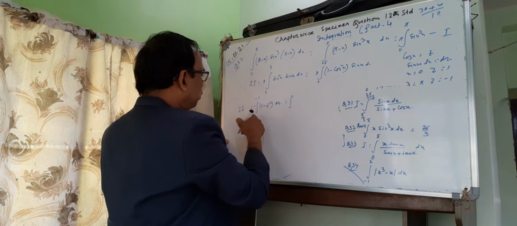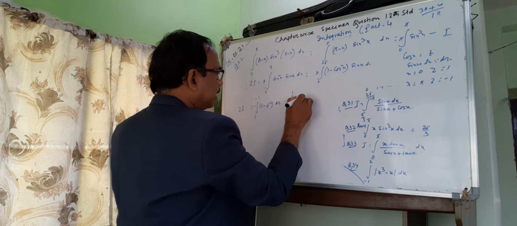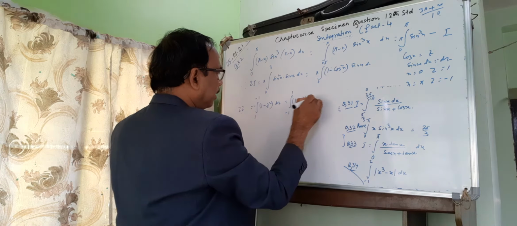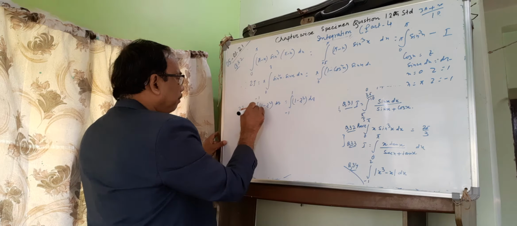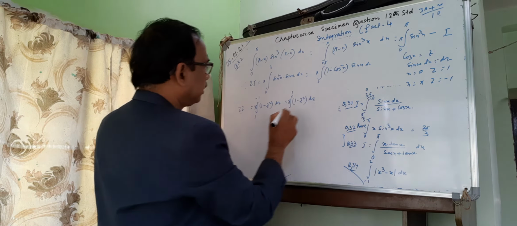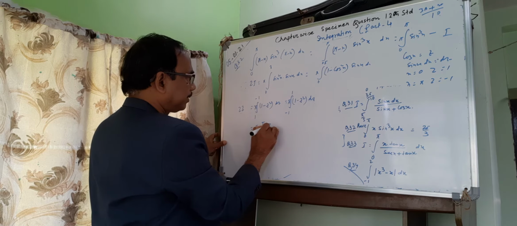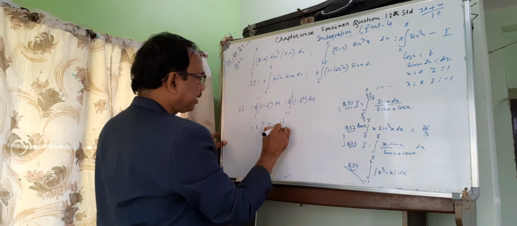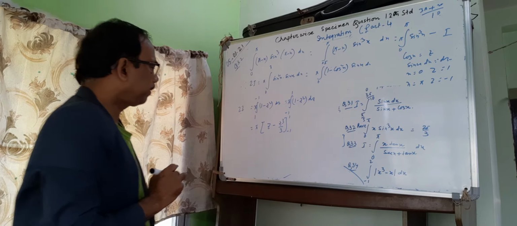That we can write, remove the minus sign, this is minus 1 to 1, 1 minus z square dz, and pi is outside, minus pi is outside. That is equal to pi times z minus z cube by 3, from minus 1 to 1.